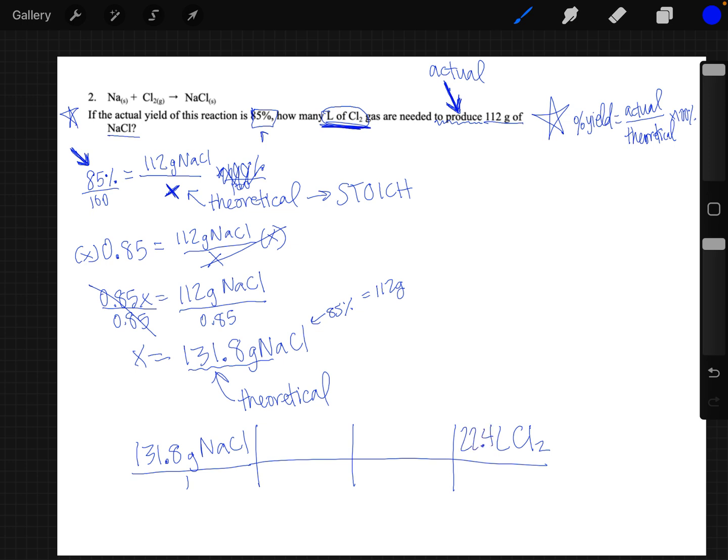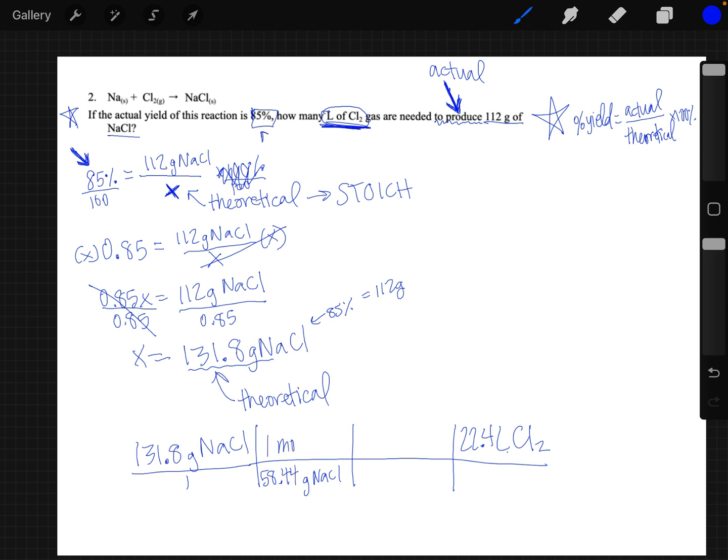So I know that I'm ending with liters of chlorine. I know that liters has a 22.4 next to it. I know that I started with 131.8 grams of NaCl. That's my theoretical. I'm going to go directly diagonal and put grams of NaCl. Okay. If I go to the periodic table, I know that Na plus Cl is going to be 58.44 grams.